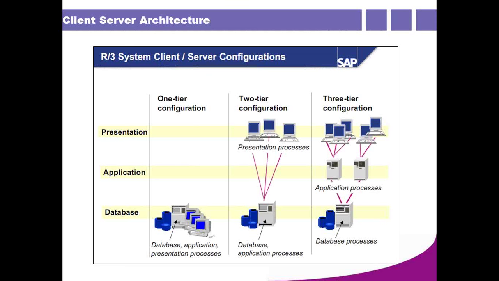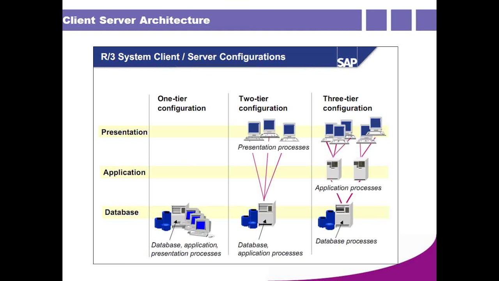But we can use the one tier configuration for training and sandbox systems. A training box is used to give training to my employees or business partners. It is not a regular usable system; we use it only for a few days, so we keep that box aside.